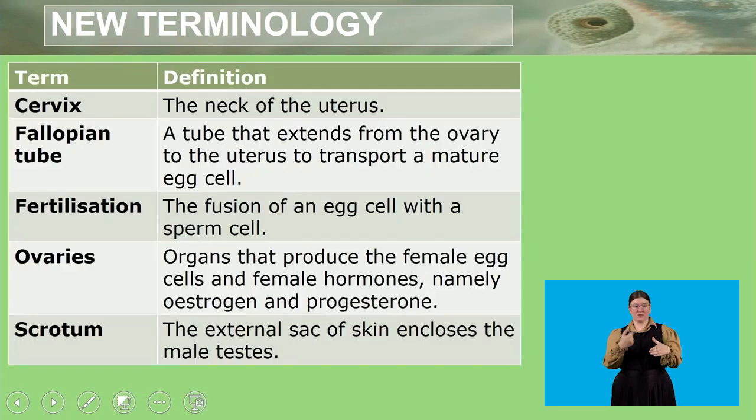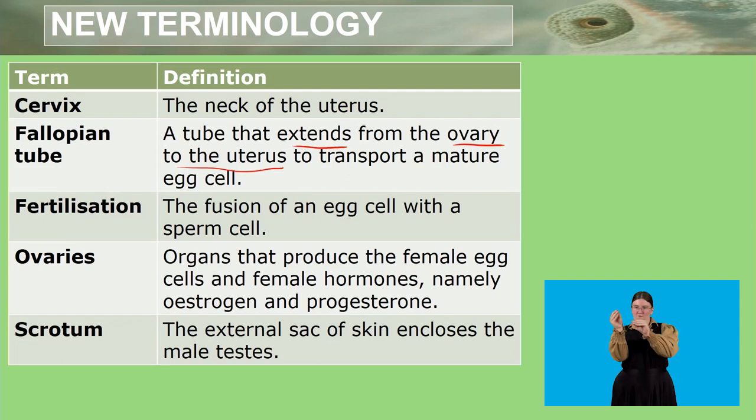So in this lesson, we are also going to come across the following new terms. We are going to come across the word cervix, which is the neck of the uterus. We are going to see the word fallopian tube. This is a tube that extends from the ovary to the uterus to transport a mature egg cell.